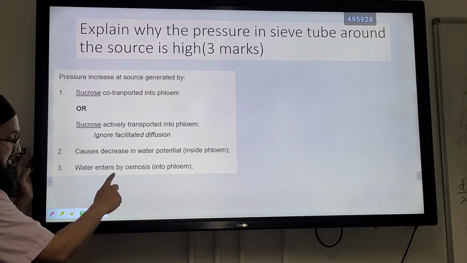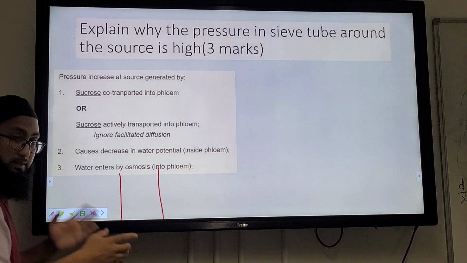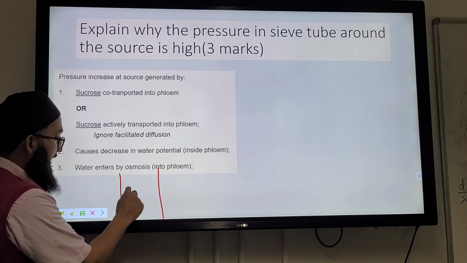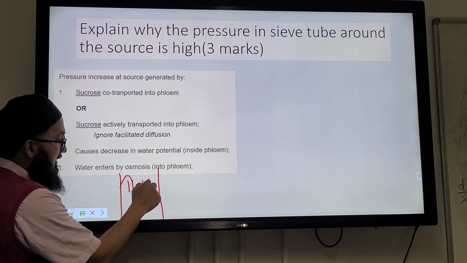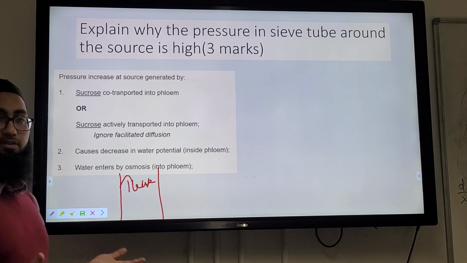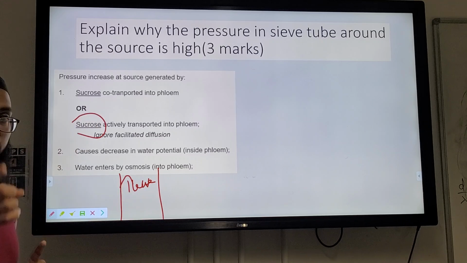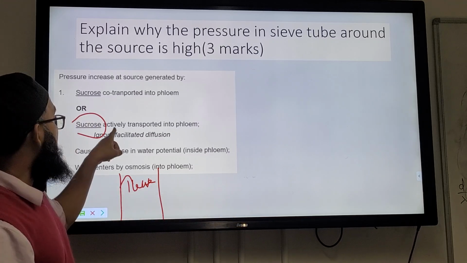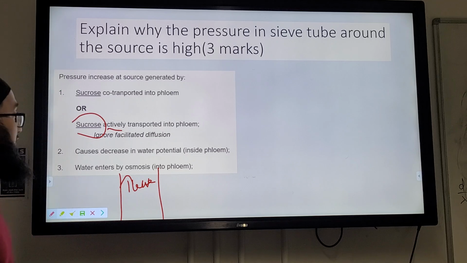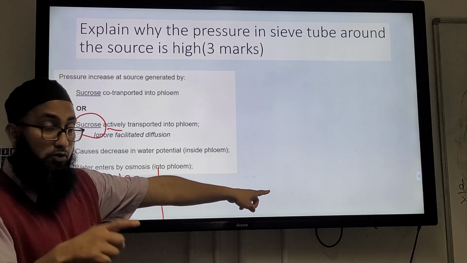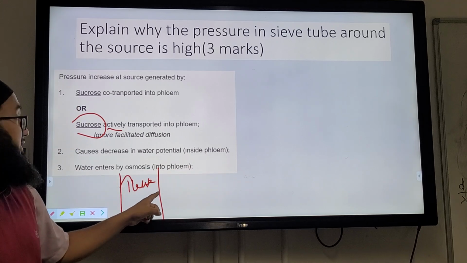The only reason the pressure is high is because we had a lot of water, a lot of volume. So describe how you got to that point. You had lots of sucrose being actively transported from the source into the phloem or sieve tube.